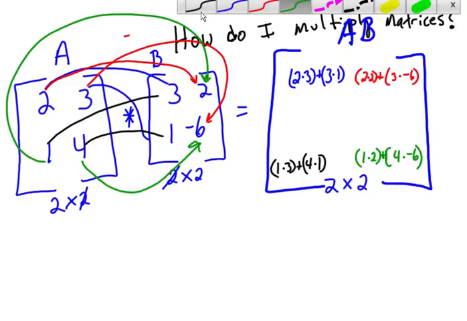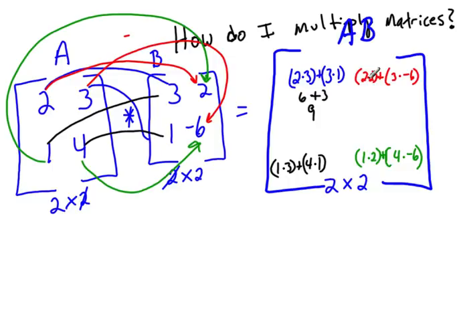Multiply and add. So 2 times 3, that's 6, plus 3 times 1 is 3, and that's really 9. 2 times 2 is 4, and then this is plus negative 18, which is in fact negative 14.